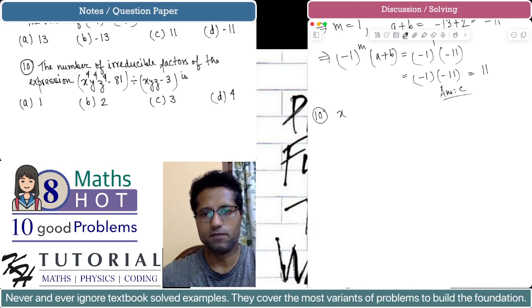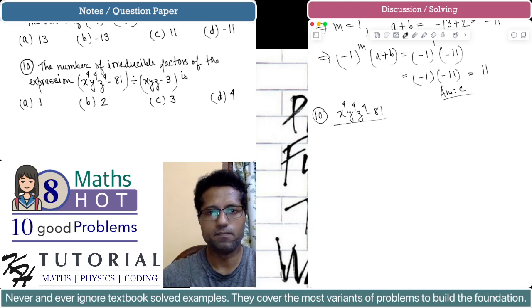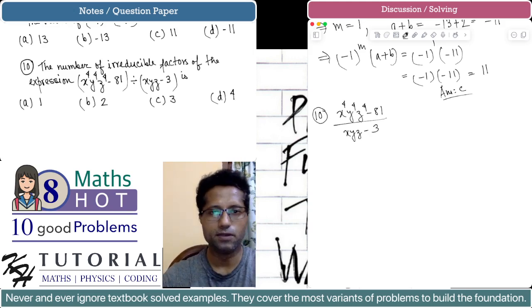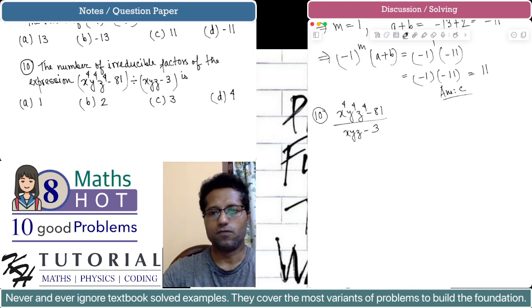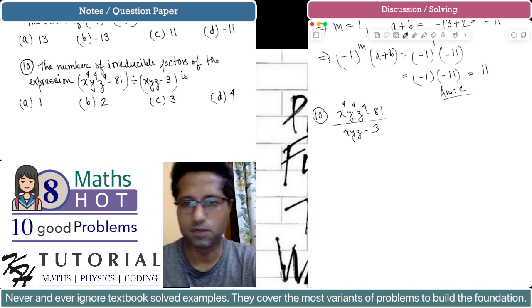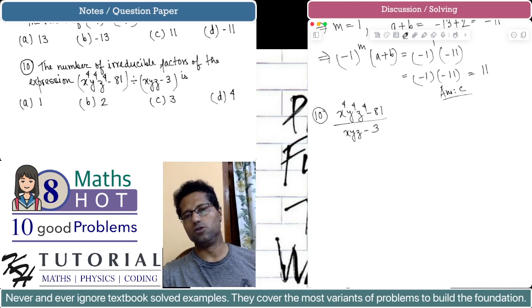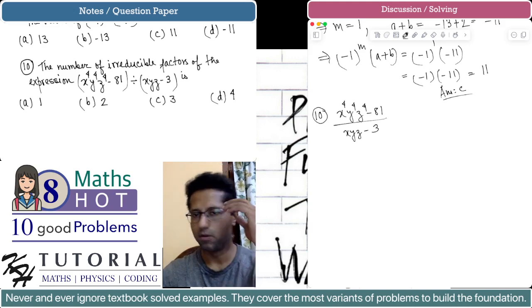The expression given is x to the power 4, y to the power 4, z to the power 4 minus 81, divided by xyz minus 3. It is asking to find the number of irreducible factors of the expression. So first we have to divide the expression in the numerator by the expression in the denominator.